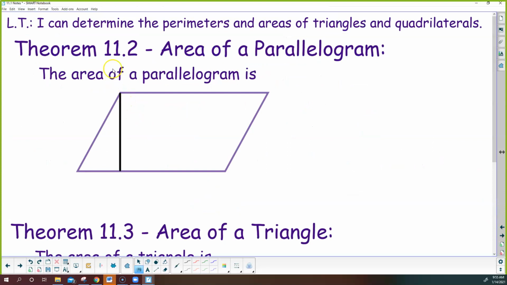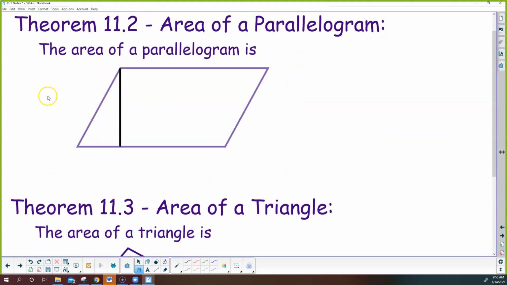All right, and then I like this one. Again, we have these already, so we're not going to write them down. But the area of a parallelogram is the base times the height. I want to show you, here's the base, here's the height. A quick visual as to why. Why is the area base times height? So what if I took this triangle right here and I cut it off?